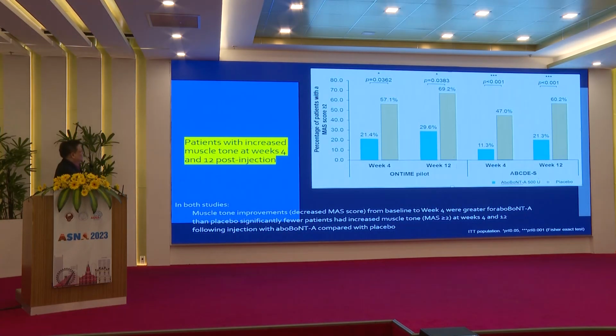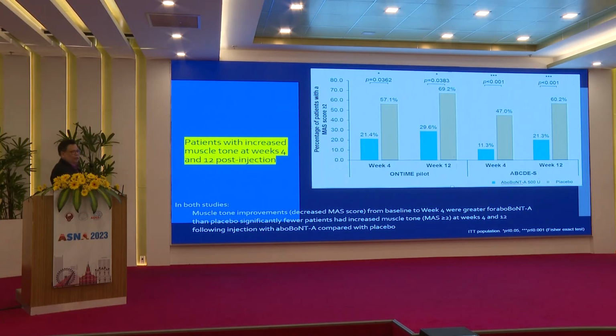So if you look at the modified Ashworth scales in the ABCDES trial, you can see that it has drastically reduced after botulinum toxin at week 4 and week 12, and the same with the on-time trial. By the way, the difference between on-time trial and the ABCDES trial is that in the on-time trial, this time we focused on re-injection.